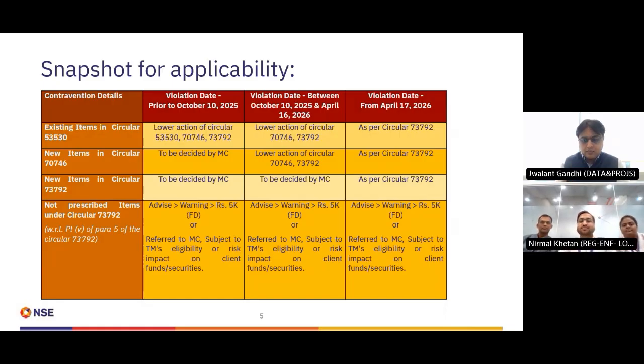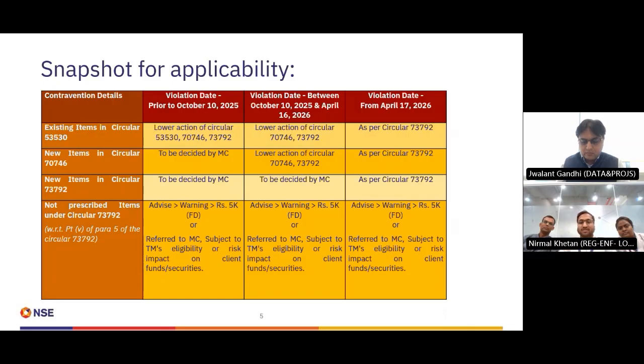Now, the last item is the items which we discussed in the previous slide for advice, warning and 5,000 of financial disincentive. Those are the cases where no prescribed items are there in 73792.